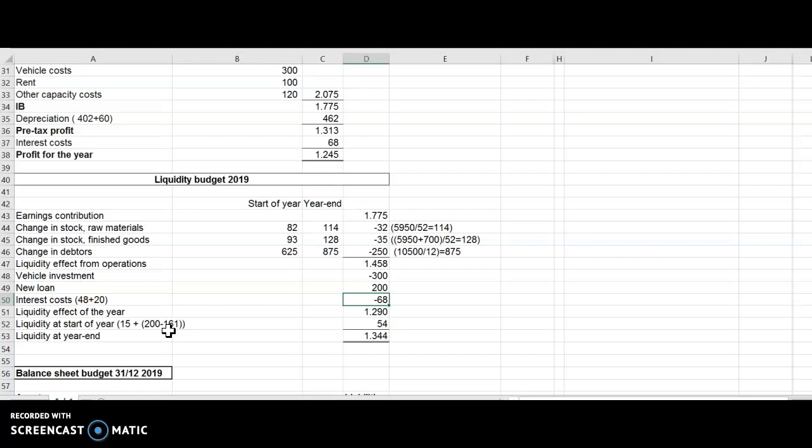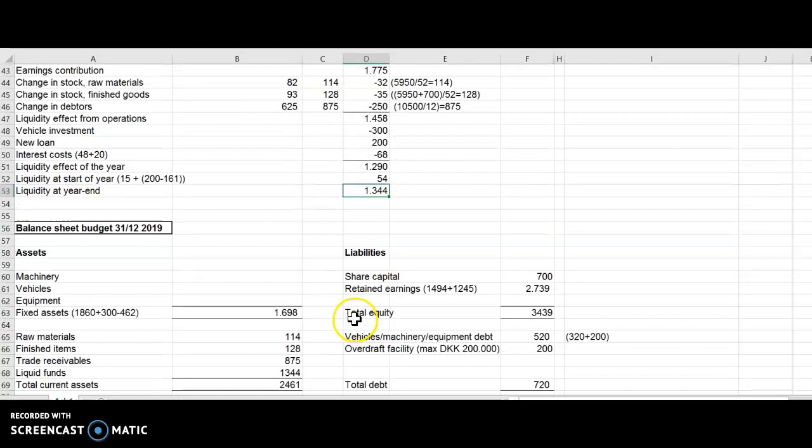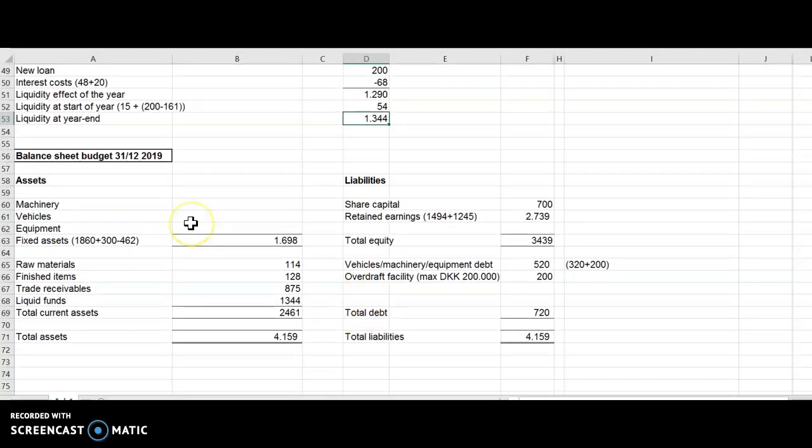So these 39 plus 15, it's altogether 54. We have a positive effect of this amount plus the beginning of the year, and we have liquidity at the end 1,344. Then let's look at the balance sheet end of 19.